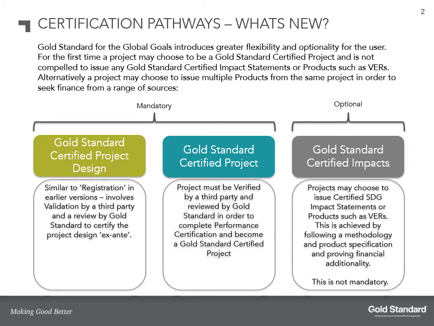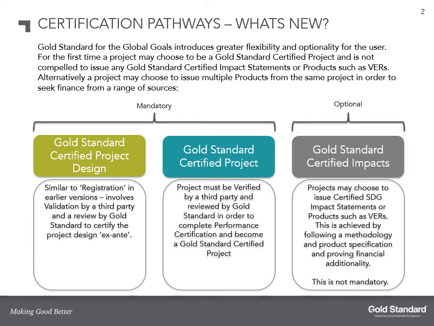But then the third option is on the right-hand side here in the grey box, Gold Standard certified impacts. This is really optional, and it's for project developers that are choosing to follow a results-based finance pathway or seeking to issue, say, carbon credits. And you'd achieve that by becoming a Gold Standard certified project, but also following a Gold Standard approved methodology and product specification. For example, an emissions reduction methodology and the rules and requirements concerning Gold Standard VERs.